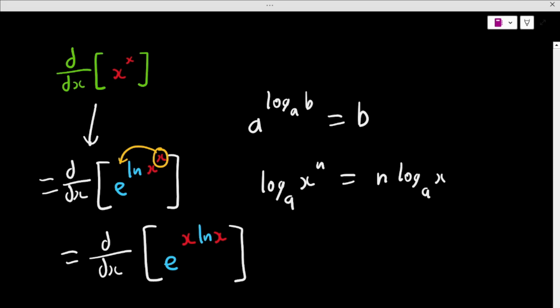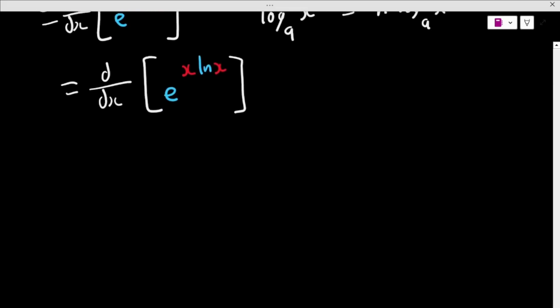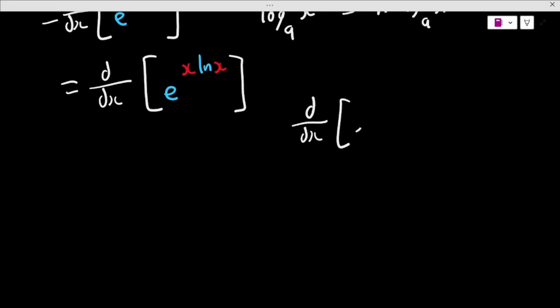This is something that we can differentiate. So let's differentiate this. If we have the derivative of e to the f of x, where f of x is just some function of x, this is going to be equal to e to the f of x times f prime of x.